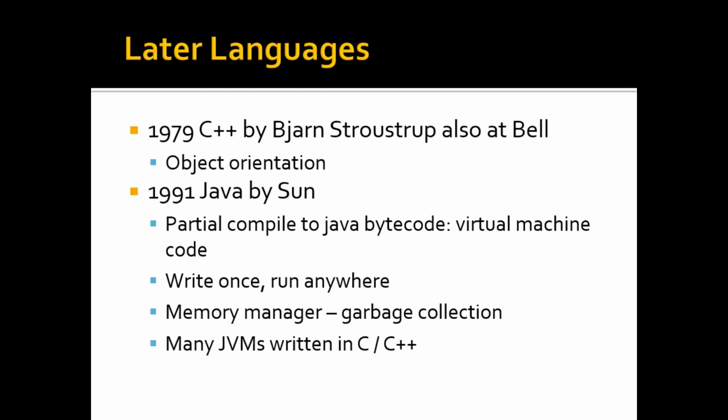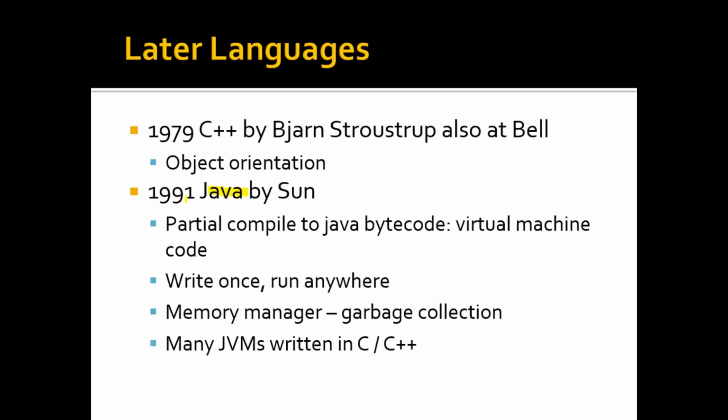Later, in 1979, C++ was built, which focuses on object-oriented programming. C++ is built according to C. Then in 1991, Java by Sun, a new language.